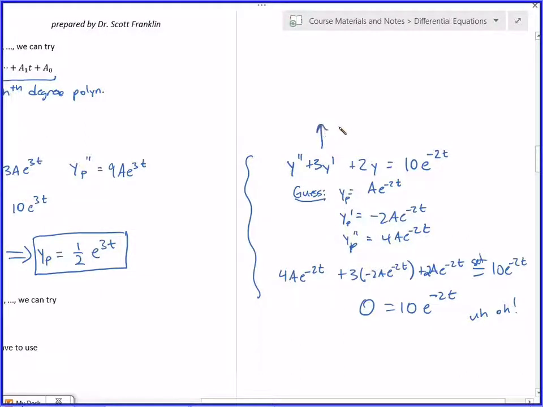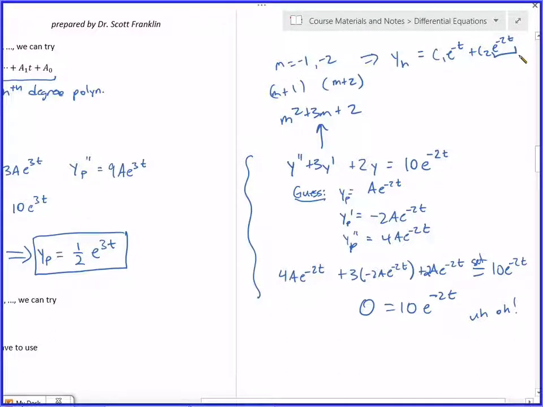Well, remember what the characteristic polynomial would look like in this case. m squared plus 3m plus 2, right? Which factors to (m plus 1)(m plus 2). So m could be negative 1 and negative 2, which would mean that y sub h is c1 e to the minus t plus c2 e to the minus 2t.